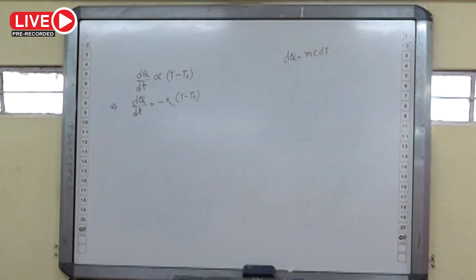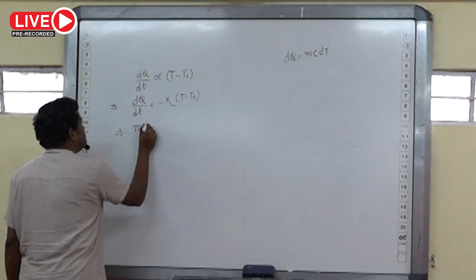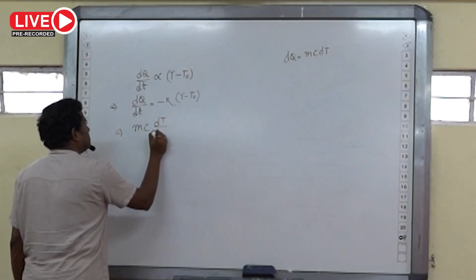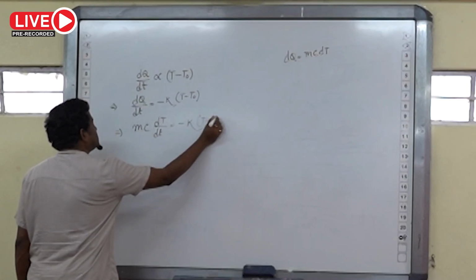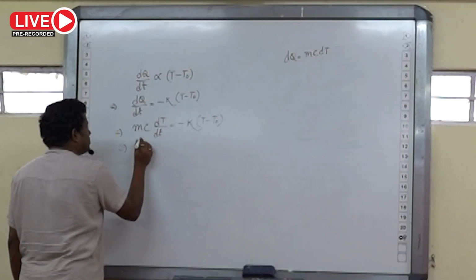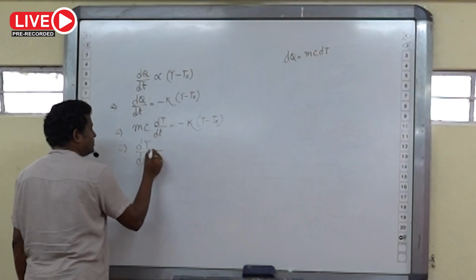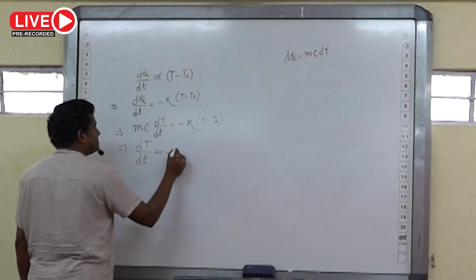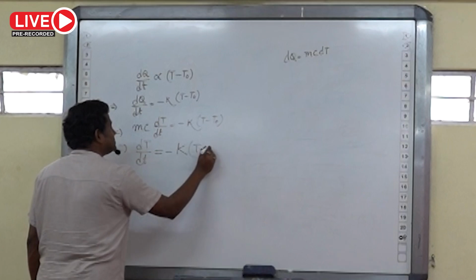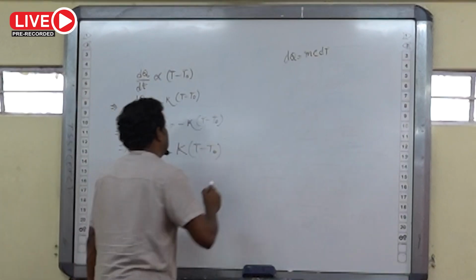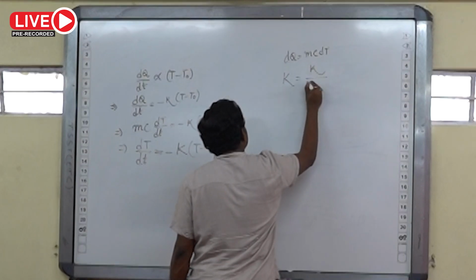Then if I substitute this, it will give you the equation m c dT equal to minus small k into T minus T naught. Then we can write this as dT/dt, that is d/dt of capital T, equal to minus some constant capital K into T minus T naught, where we consider that capital K is small k divided by mc.